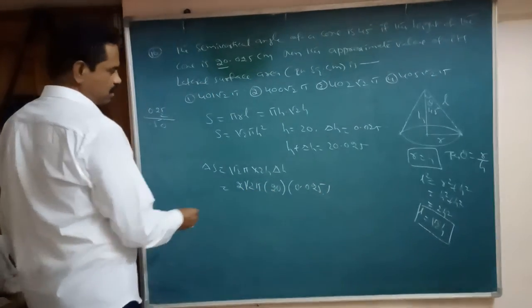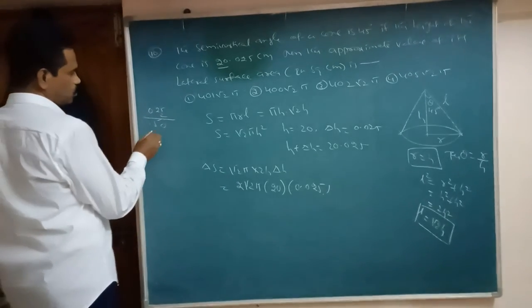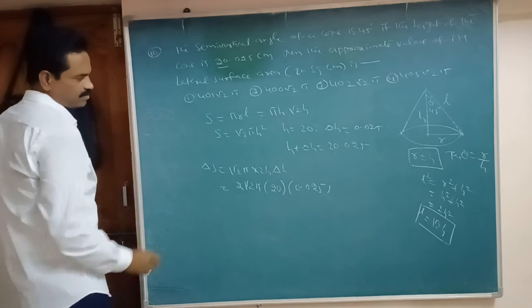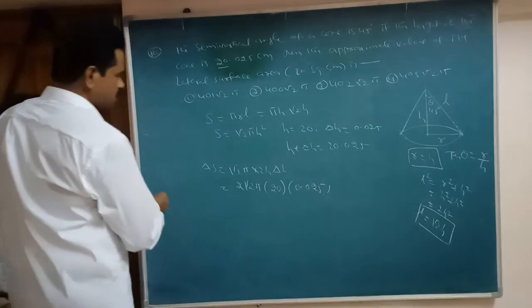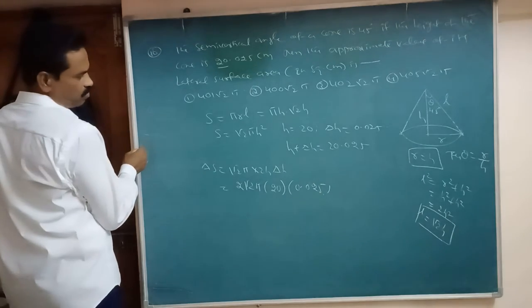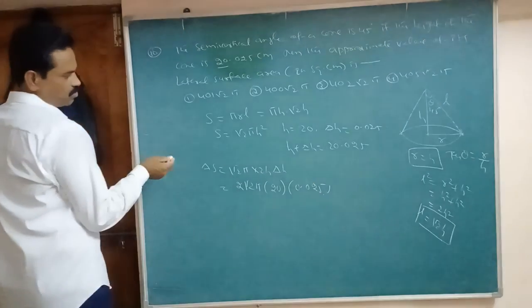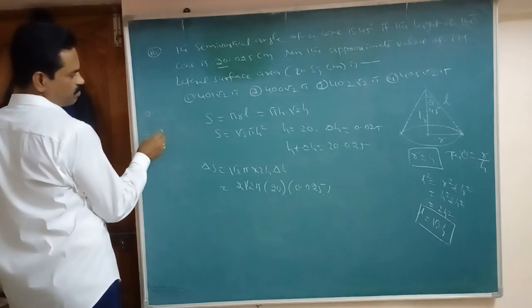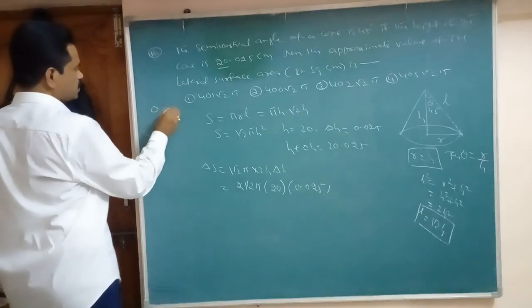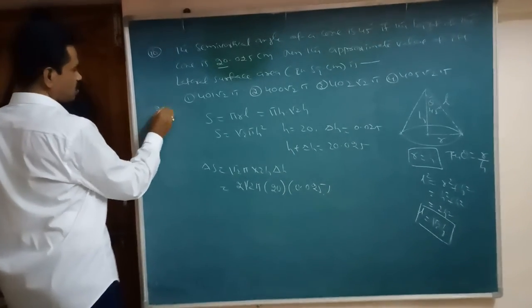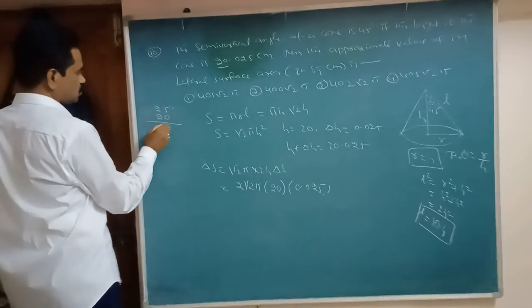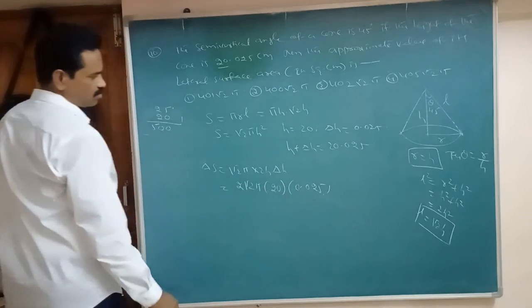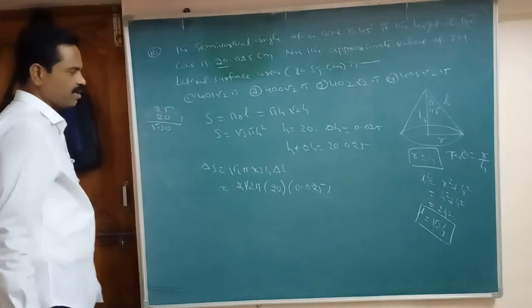Multiply here: 20 into 0.025. Take 25 into 20, that is 500, so it is 0.5.